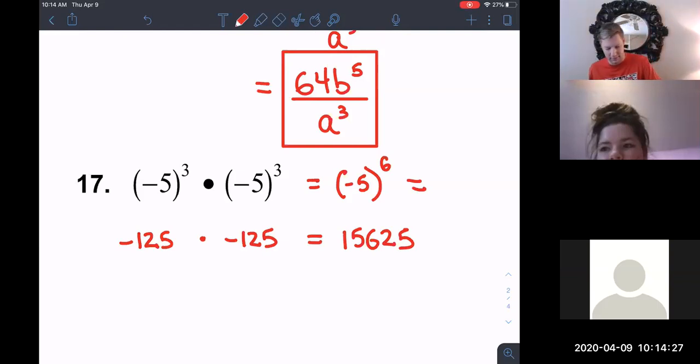But we get the exact same answer either way. We usually don't have the freedom to do it in any order we want, but with exponents, we kind of do. We can either multiply them together first using the exponent rule and then simplify it, or we can simplify them both first and then just multiply them together like we would normal numbers.